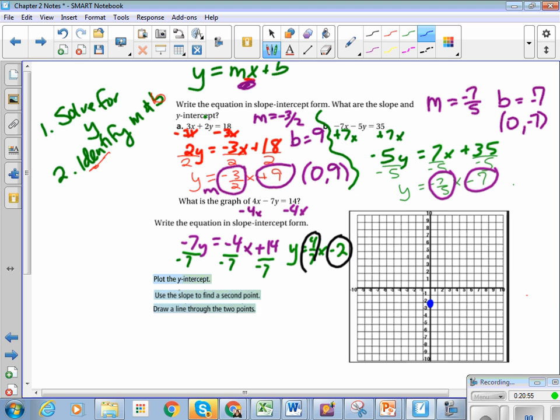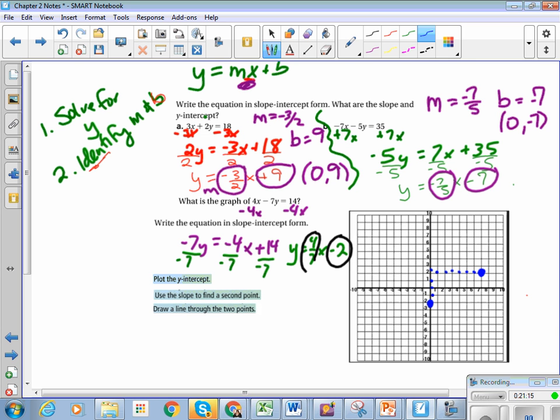So from here, I'm going to go 1, 2, 3, 4. 1, 2, 3, 4, 5, 6, 7. So here's my second point. I'm just using those little dots to count my grid.